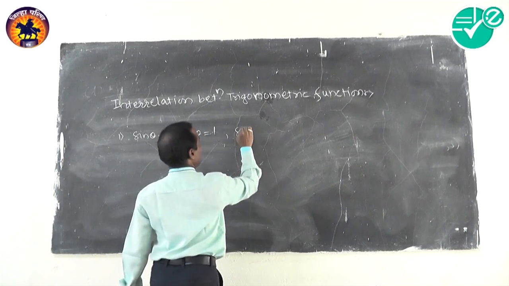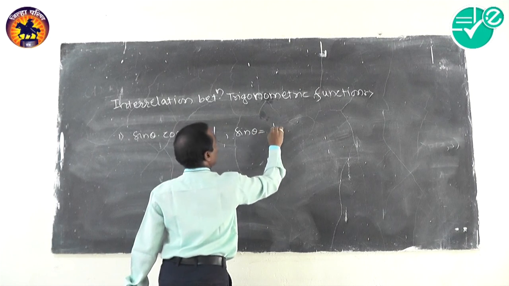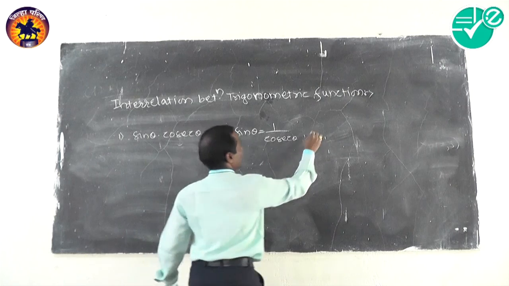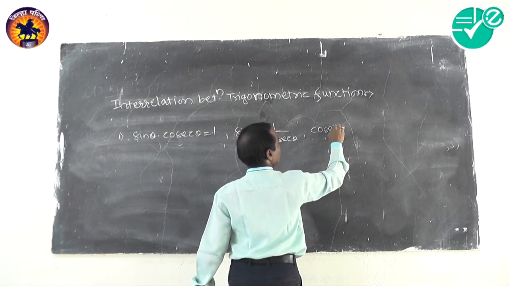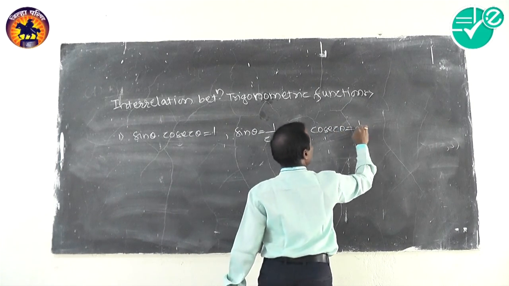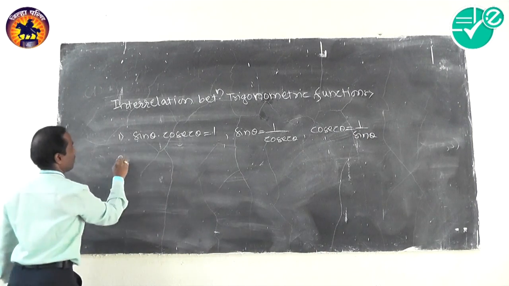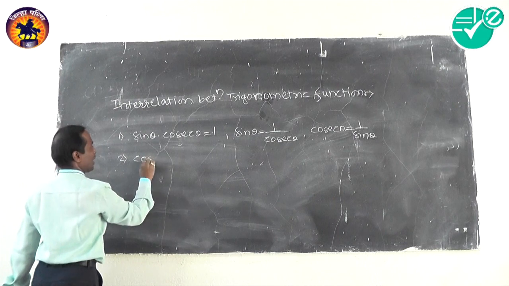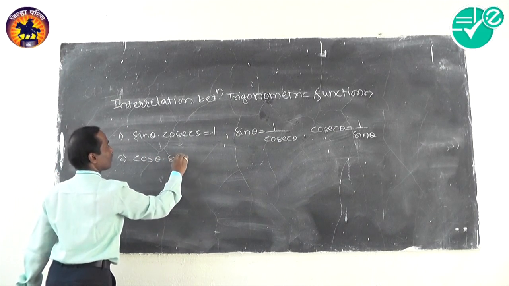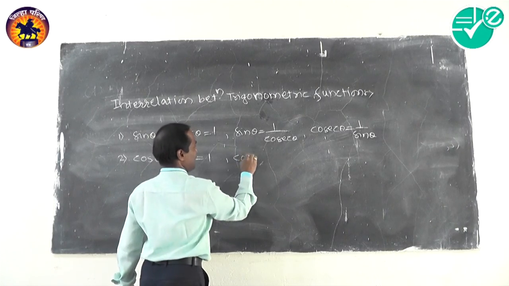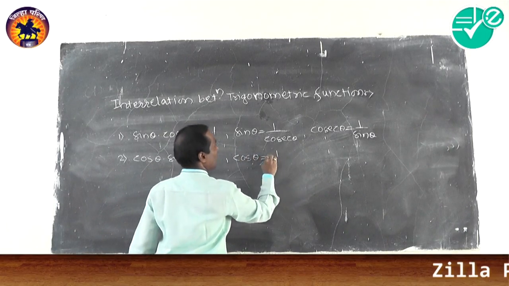Means sin theta is equal to 1 by cosec theta. Cosec theta is equal to 1 by sin theta. Cos theta into sec theta is equal to 1. Cos theta is equal to 1 by sec theta.